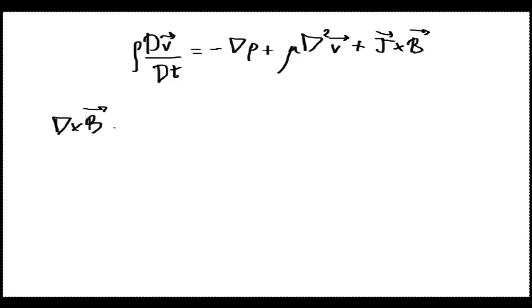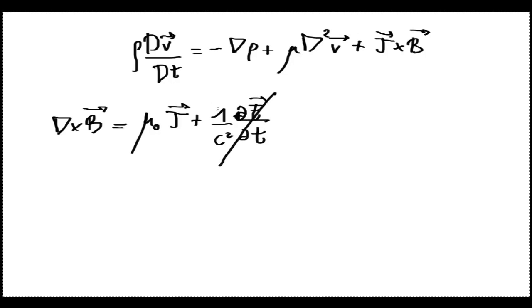Remember, we don't have any external electric fields in this case. So we are only left with the curl of B equal to mu zero times J, the electric current density.